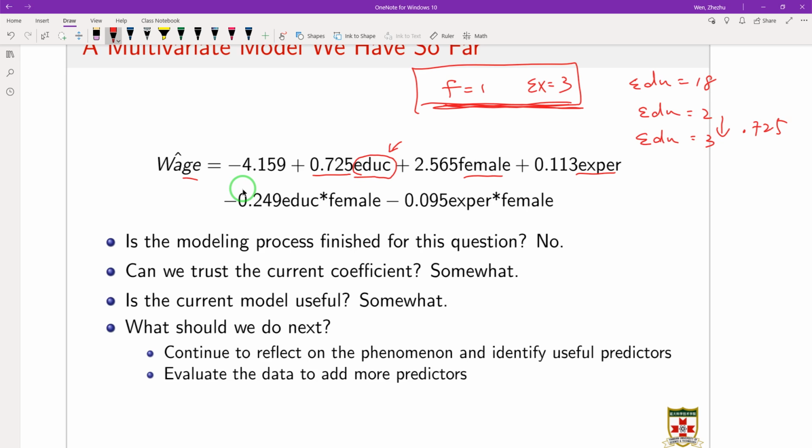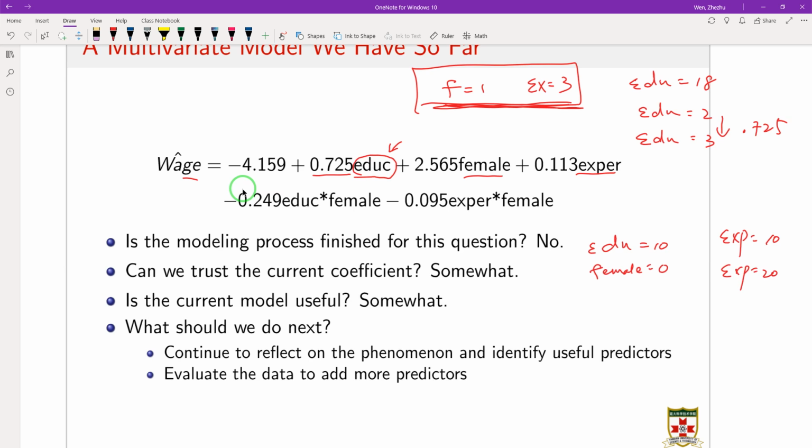Okay, so again, that applies the same. Given the same amount of education two people have, both have 10 years of education, and both of them are male. In that case, one person has experience of 10 years, the other person has experience of 20 years.